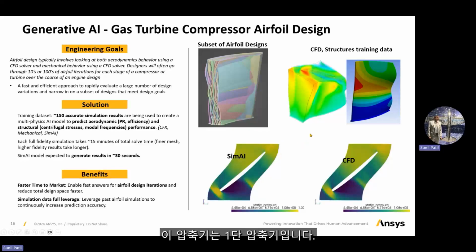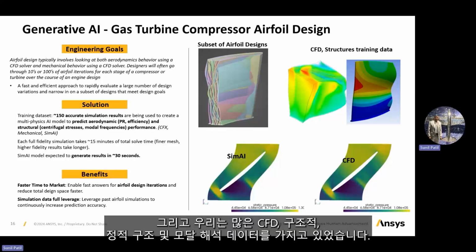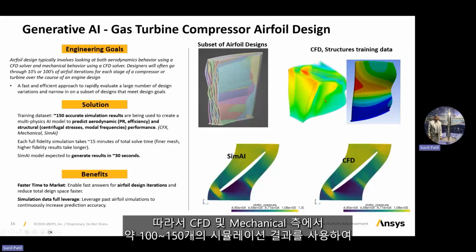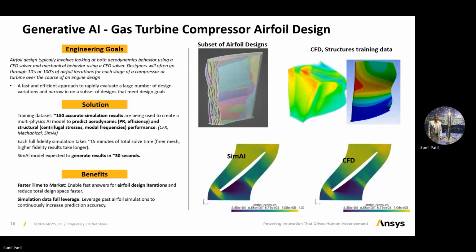This is a first stage compressor blade. It's a transonic flow around that blade. And we had a lot of CFD and structures data, static structural as well as modal analysis. So we used those results, roughly 100, 150 simulation results on the CFD and the mechanical side, to build the AI model for this gas turbine first stage compressor blade.